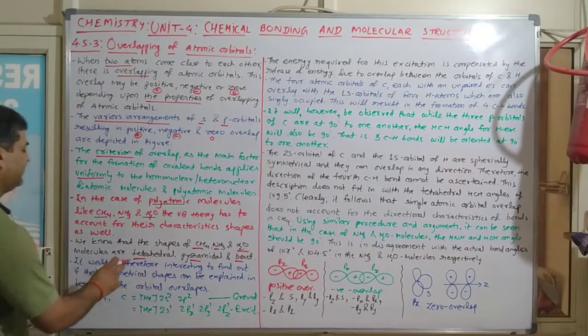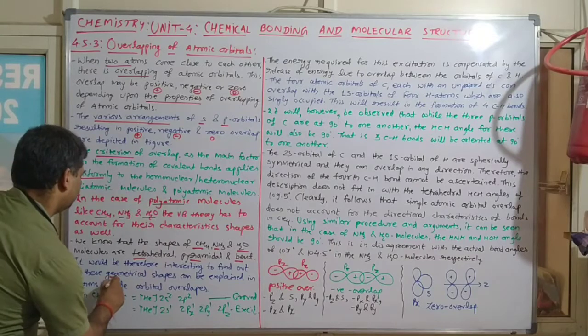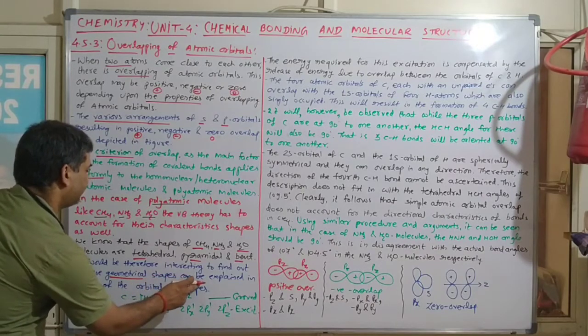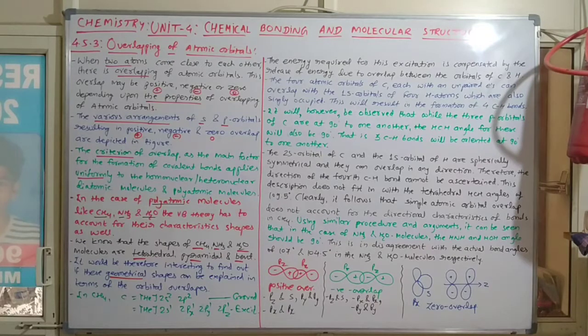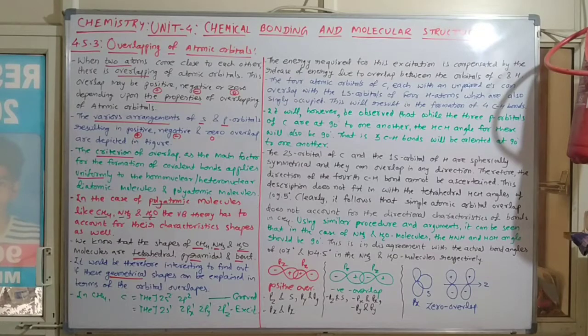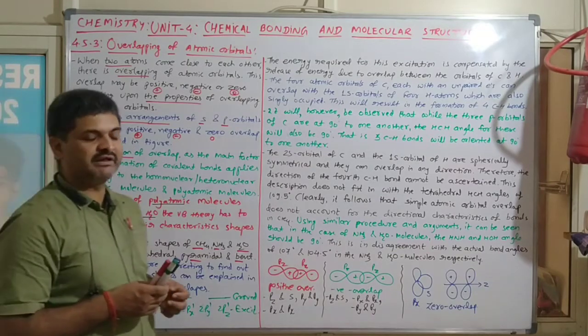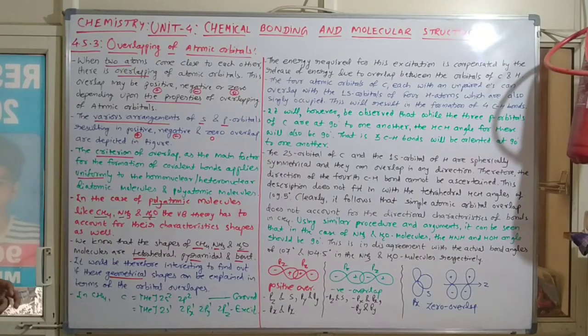It would therefore be interesting to find out if this geometrical shape can be explained in terms of orbital overlap. How is the shape known? On the basis of orbital overlapping, the arrangement of atoms in space takes place in such a way that the chances of repulsion are minimum.